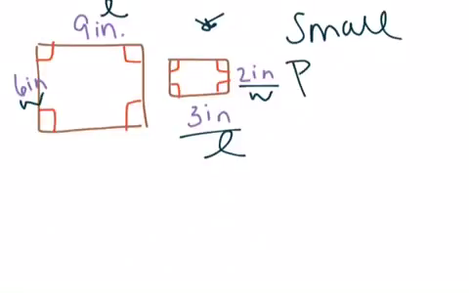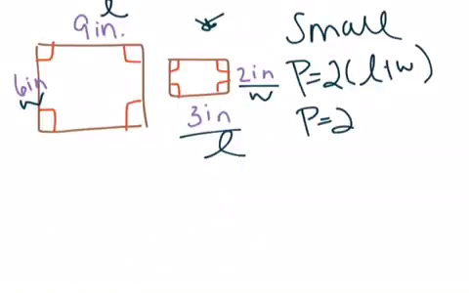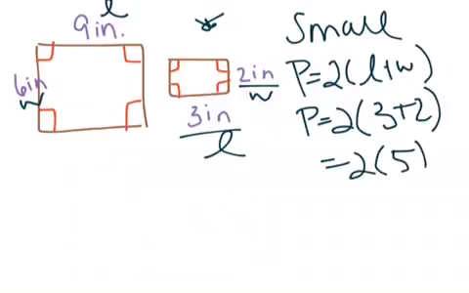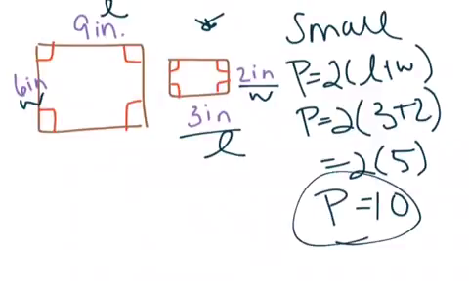Alright, so let's figure out what our perimeter is for our small rectangle. This is going to be perimeter equals 2, and then length times width, right? I'm sorry, length plus width. So perimeter equals 2. So this is going to be 2 times 5. So the perimeter of the small rectangle is going to be 10. Okay?